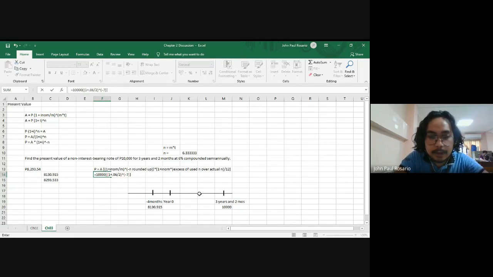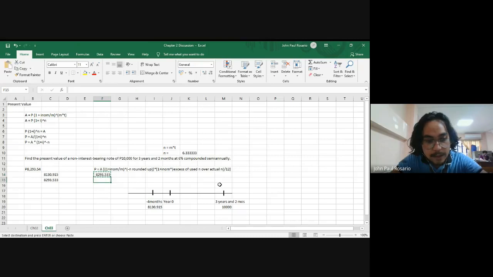Tapos times 1 plus i-nom is 0.06 times the excess of our used n over our actual n is 4 months over 12. So you'll get the same answer.